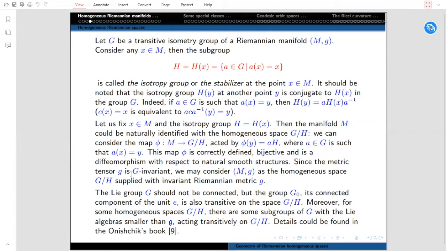Since the metric tensor G is G-invariant, we may consider M as a homogeneous space G mod H supplied with an invariant Riemannian metric G. The Lie group G need not be connected, but the group G0, its connected component of the unit E, is also transitive on the space G mod H. Moreover, for some homogeneous space G mod H, there are some subgroups with a Lie algebra smaller than G acting transitively.